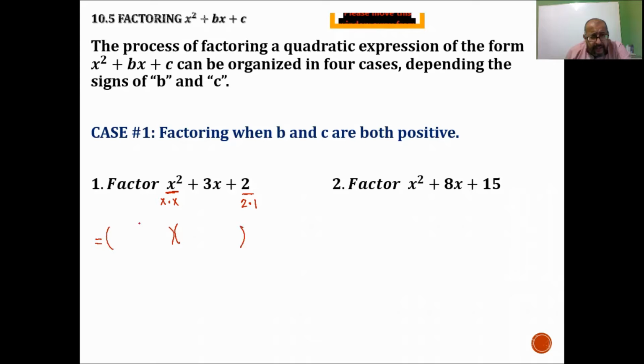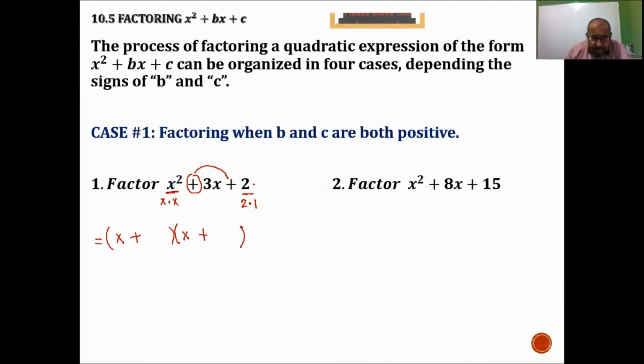On the first parenthesis, I'm going to write letter x. On the second parenthesis, I will write the second x. The first sign that I have in here, which is positive, goes in the first parenthesis. And the second sign that goes in the second parenthesis is the product of the 2 signs that I have in here. Positive and positive will be a positive answer.